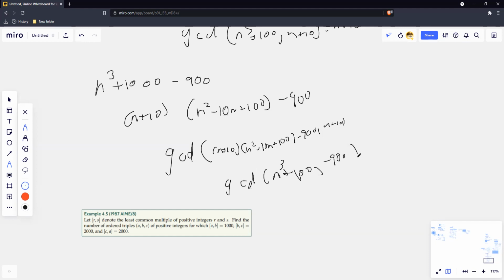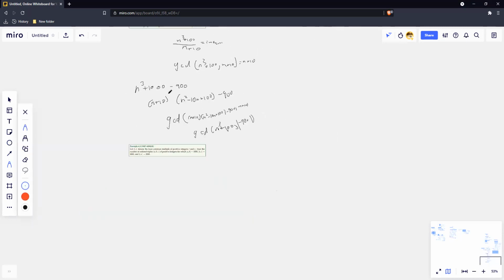Actually, I'm not sure if we're allowed to have a negative in a GCD. We are supposed to take the absolute value, right?